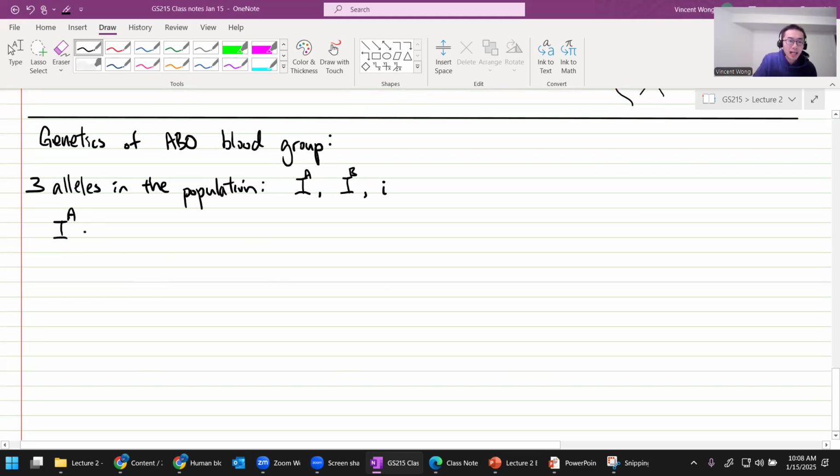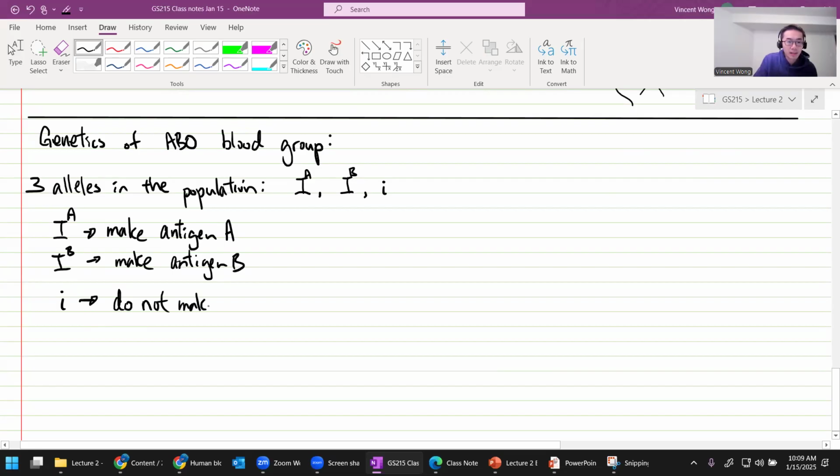If you get the IA, then you can make antigen A. If you have IB, then you can make antigen B. If you are little i, then you do not make anything.